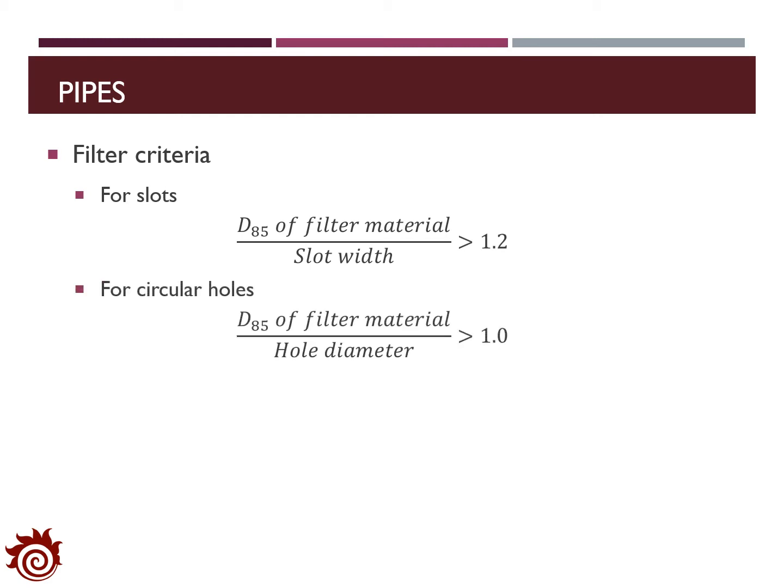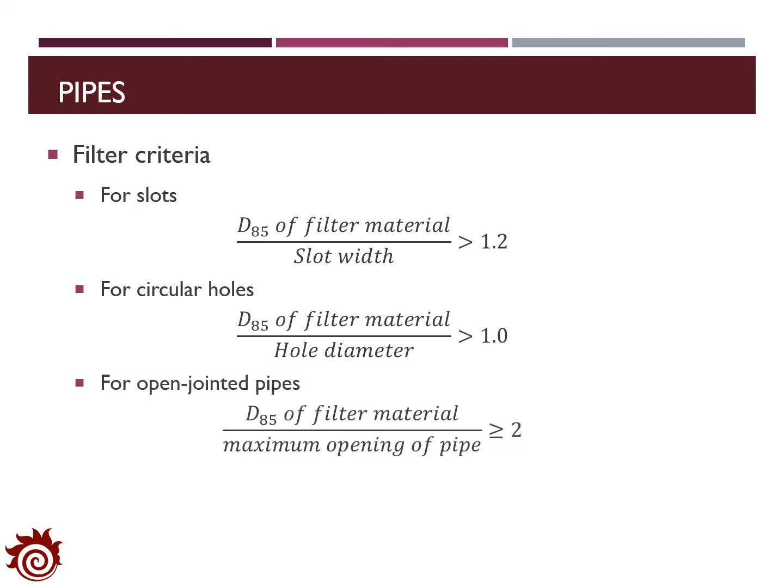While for the pipe with circular holes, the D85 of filter materials over the hole diameter should be higher than 1.0. For open joint pipes, we want the D85 over the maximum opening of the pipe be larger than 2. So these three criteria will be applied for different types of the pipes in the drainage design.